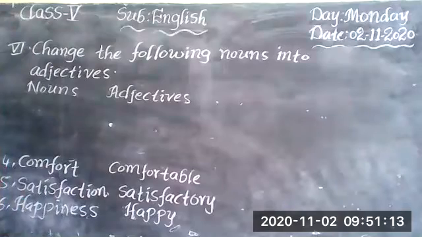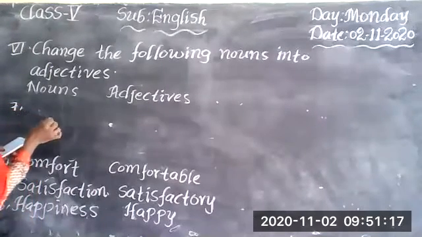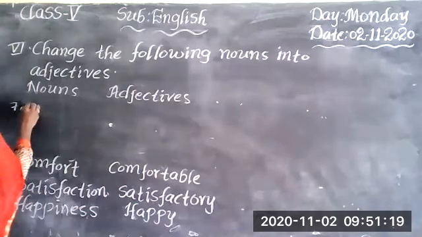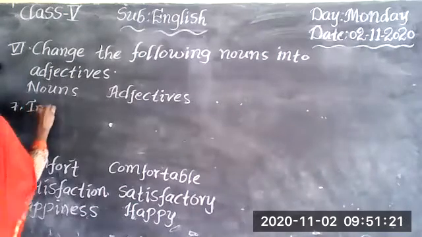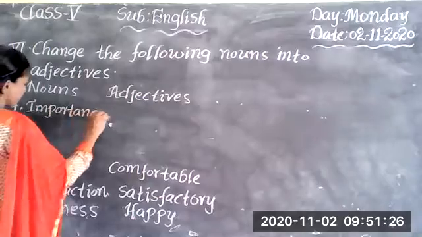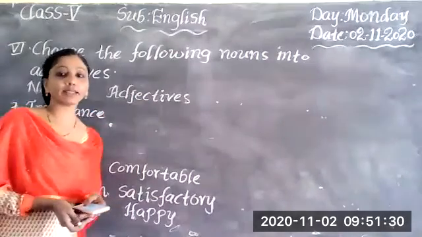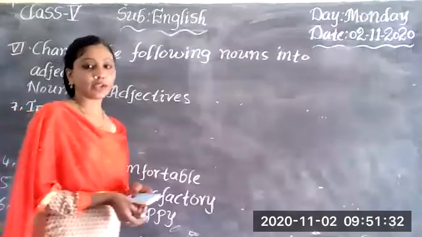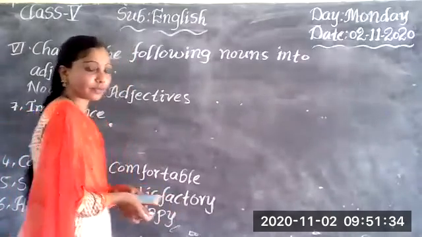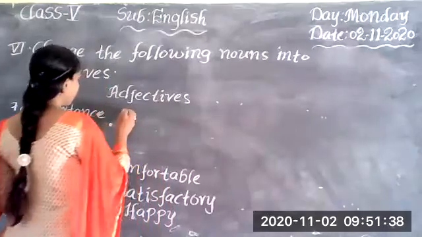Okay. Next, seventh word. Importance. What is the adjective form of importance? Rizwan. Okay. Important. Adjective form is important.